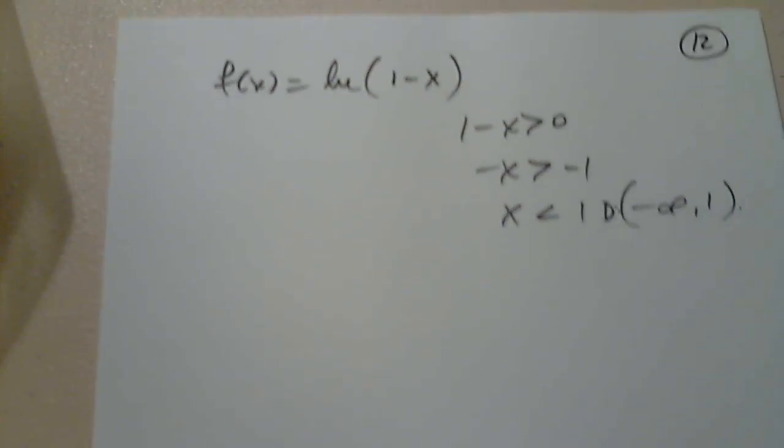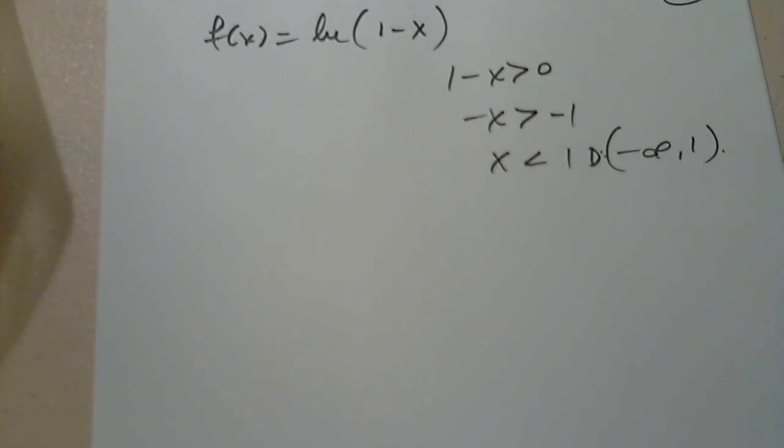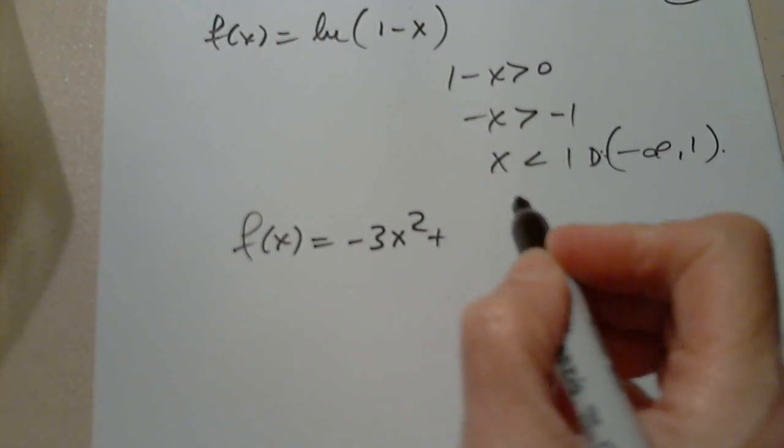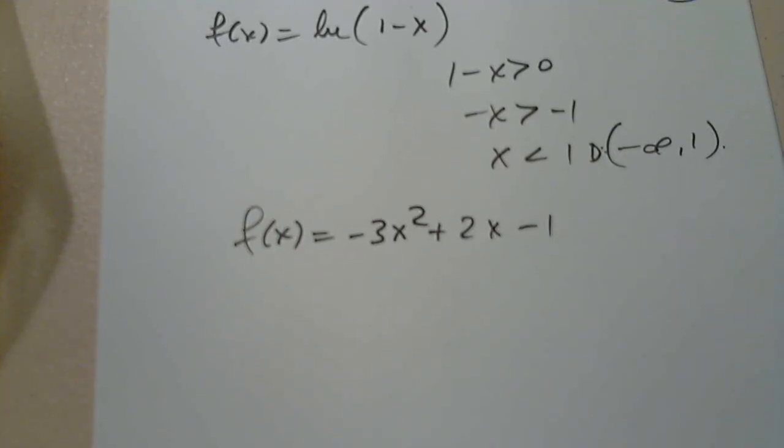What about a function to determine its difference quotient? Is this okay, or do you remember that? Okay with reviewing that. So let's say negative 3x squared plus 2x minus 1.